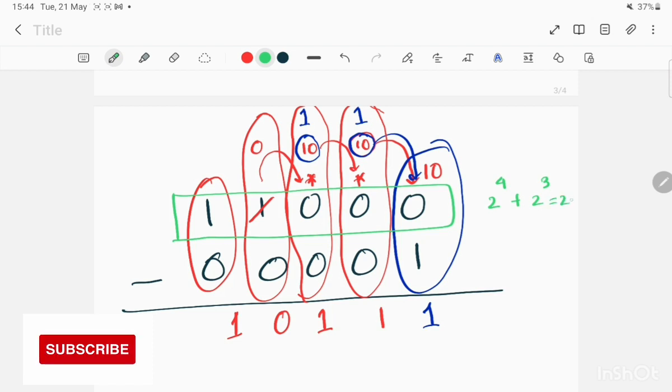So this is nothing but 24. This number is 24 and this number is nothing but 1. So 24 minus 1 should be equal to 23.